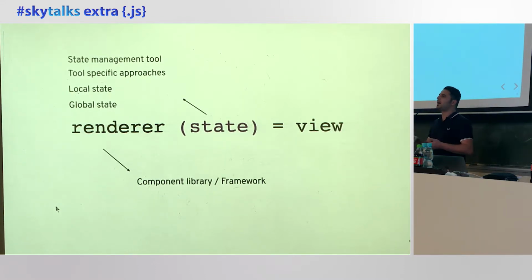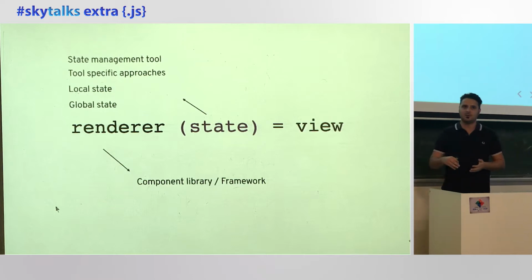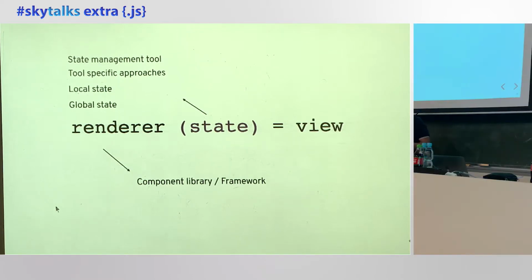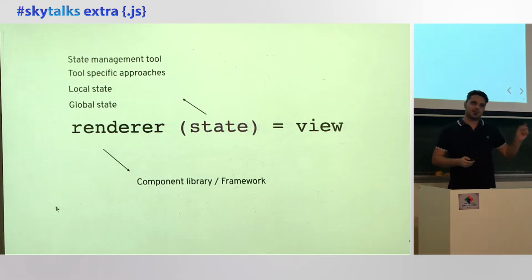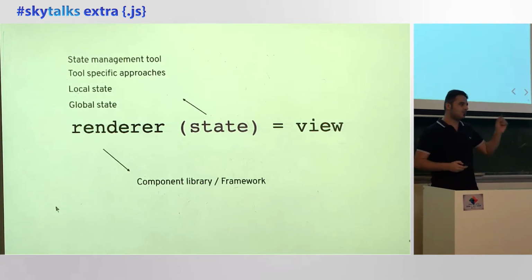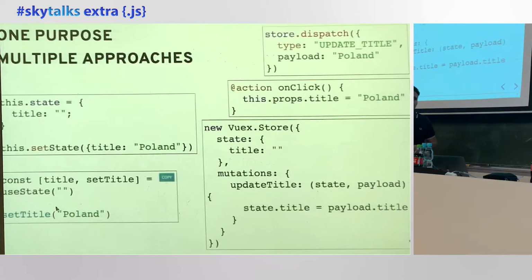When you're working with React or Vue components or even Angular components, not AngularJS, you're dealing with some sort of DSL on top of something that the library is giving you. They abstract away all the complexity and you're dealing with JSX or HTML or other sort of syntax. And one part of this statement here is the state, and that's what we want to focus on today.